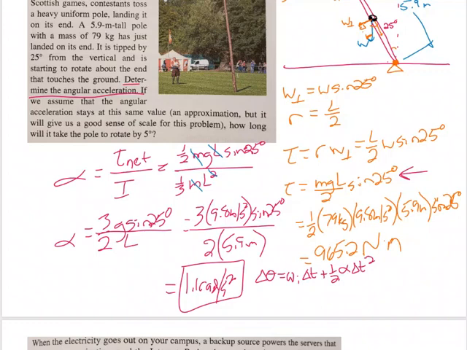Now omega initial, this thing was just sitting there and then it started to turn. So omega initial is 0. So that term is gone. So we have delta theta equals 1/2 the alpha that we just calculated delta t squared.